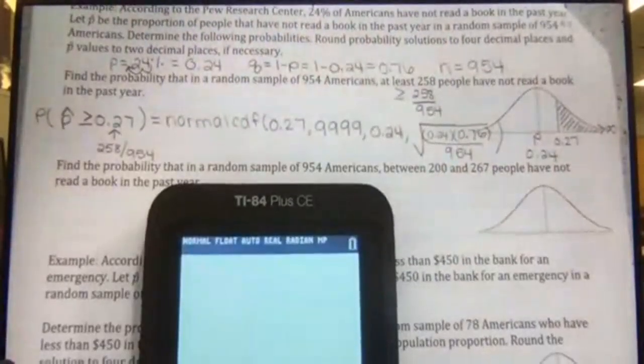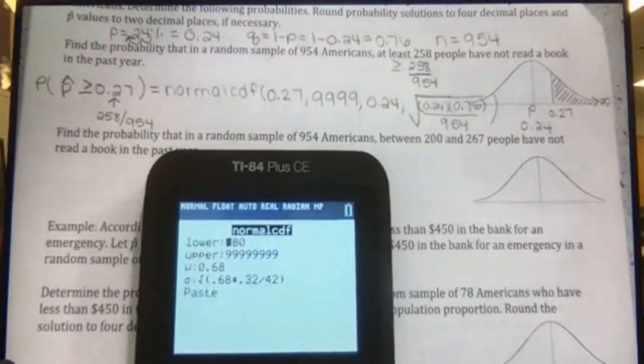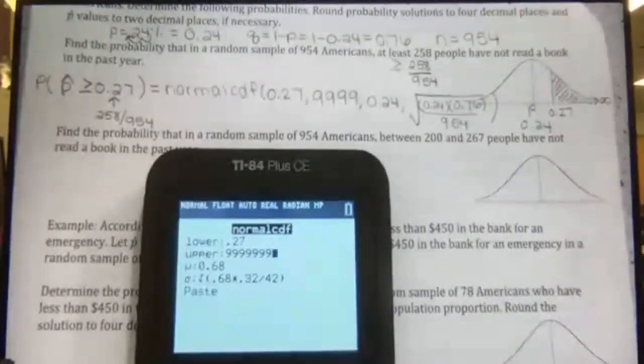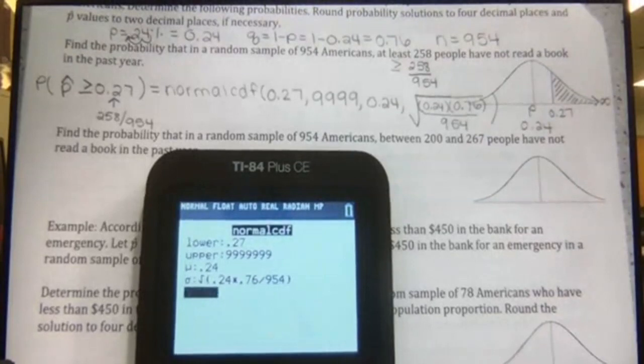In our calculator, then we're done. Second var's normal CDF, lower limit's 0.27, upper limit's 99999. Our mean is 0.24, and our standard deviation is the square root of 0.24 times 0.76 divided by 954.